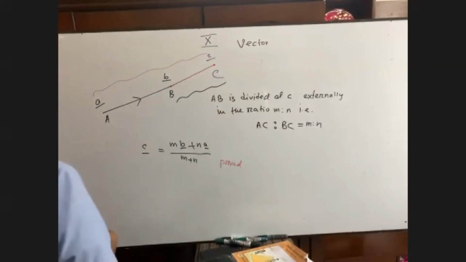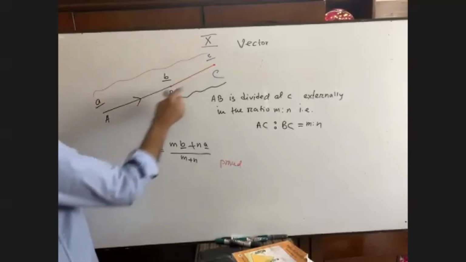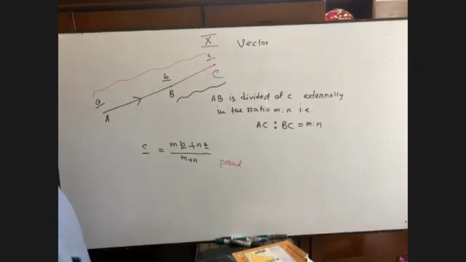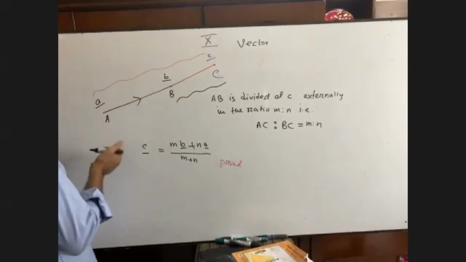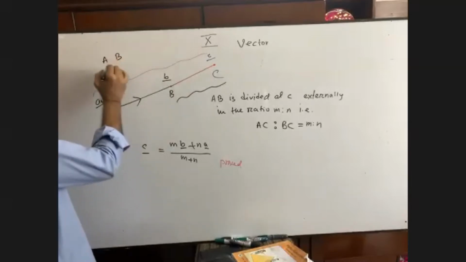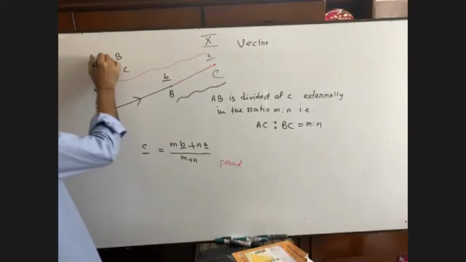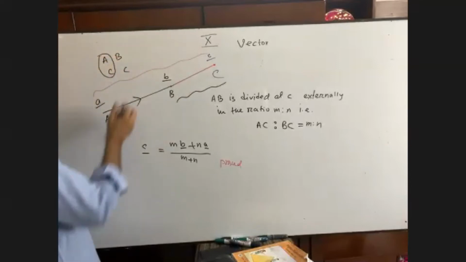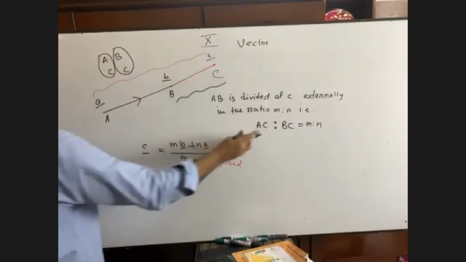But many of you have a confusion to write down AB is M and BC is N. It is wrong. Please pay attention. A and B, they have been made for C. So one of them will be AC and the other will be BC.